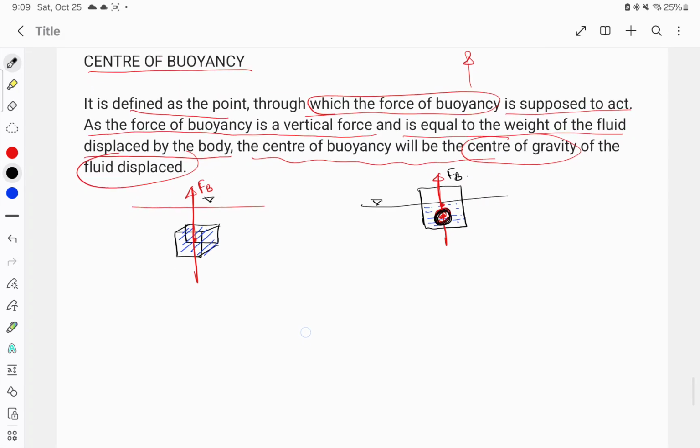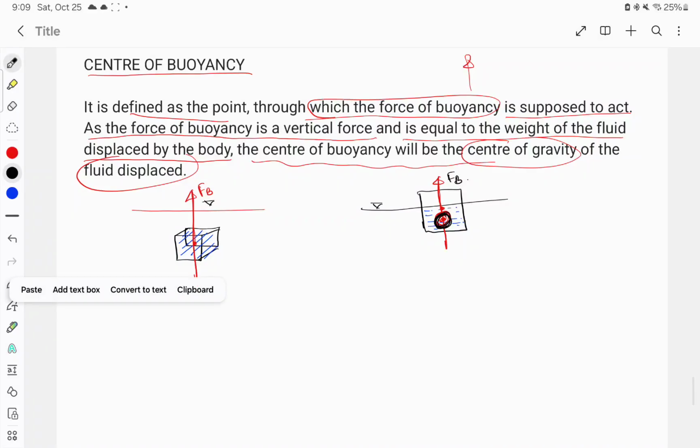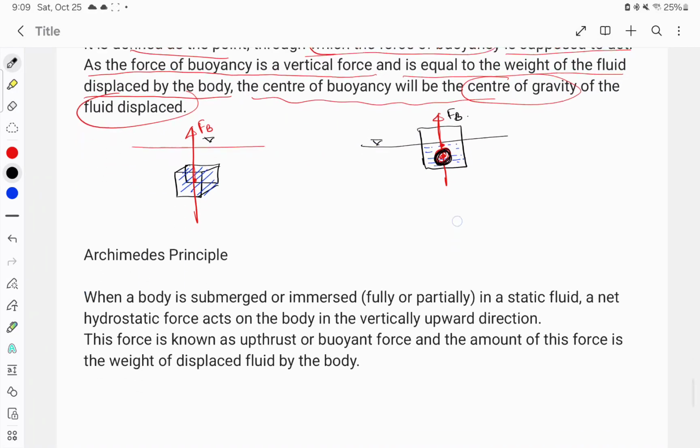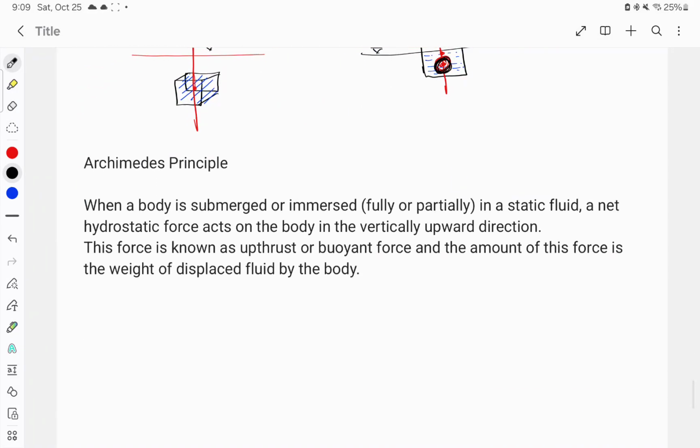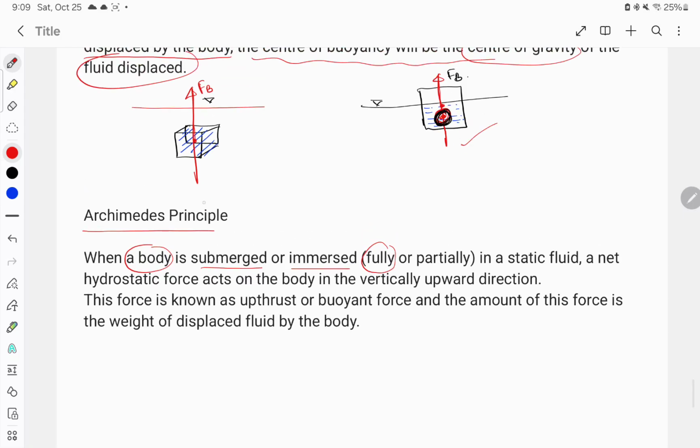Before moving to any question, we should know a popular theory, that is the Archimedes principle. So let us see what Archimedes has said about buoyancy, particularly related to a body. He has said about a body which is submerged or immersed. It can be fully or partially, as in these two cases.